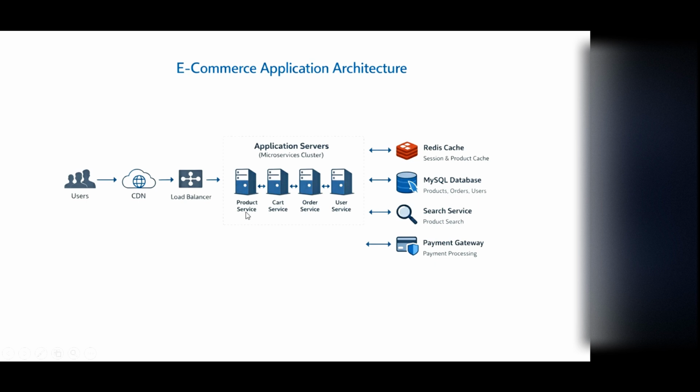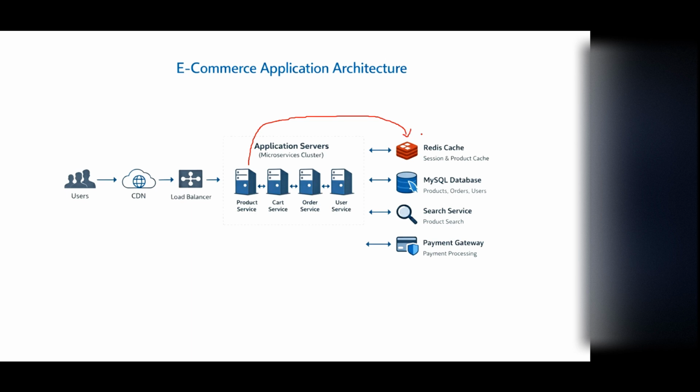Here you can clearly see that we have a product service. The request we send to search for a product will hit this product service. Then this product service will try to search for that particular product in the redis cache first.